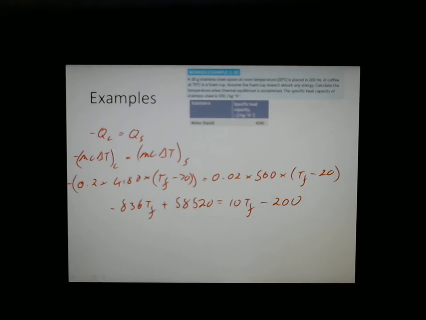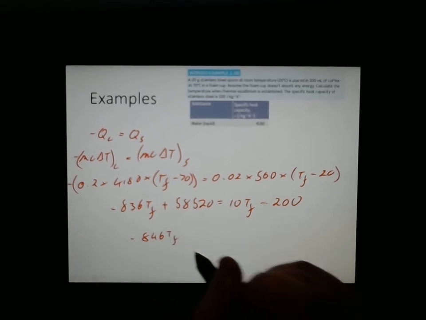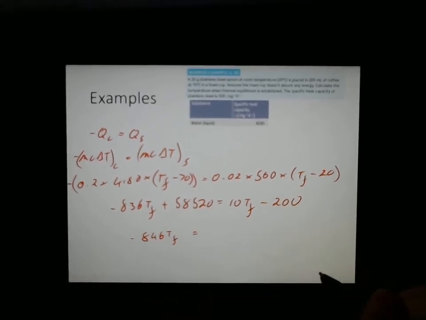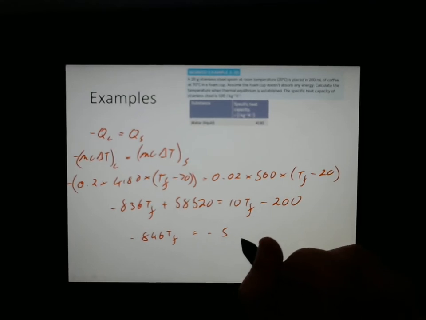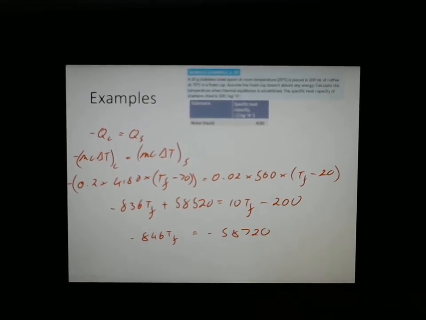So I'm going to double check Mr. Walling's math for a second. 0.2 times 4180. Okay, so it looks like this number is definitely correct, but the next number here should be negative 846 TF equals negative 58720. That looks like a correct number on that side.